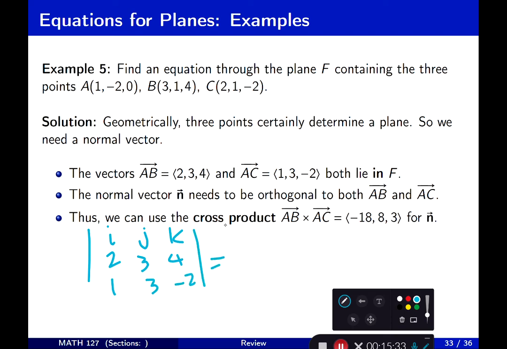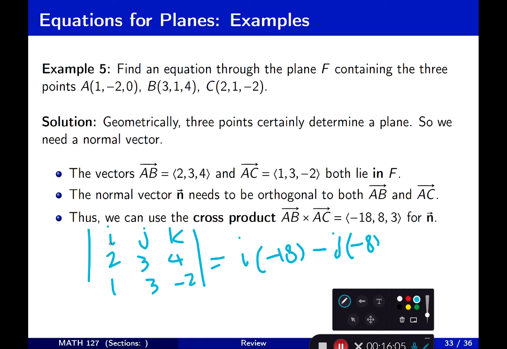When you find the determinant, you end up with i times 3 times -2 minus 12, and that is -18, minus j times -8, and then negative signs basically clean each other up.